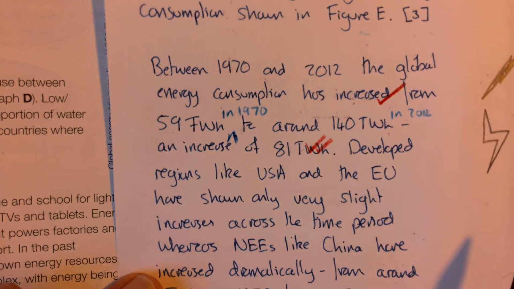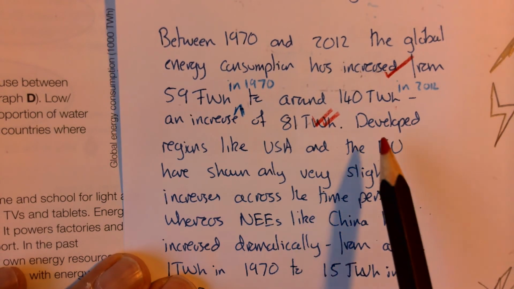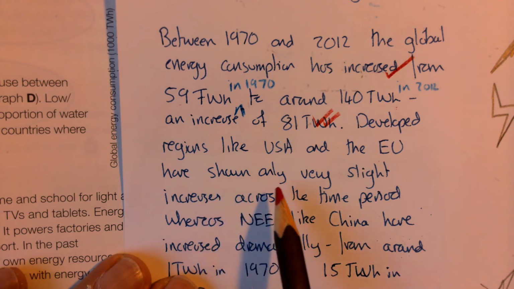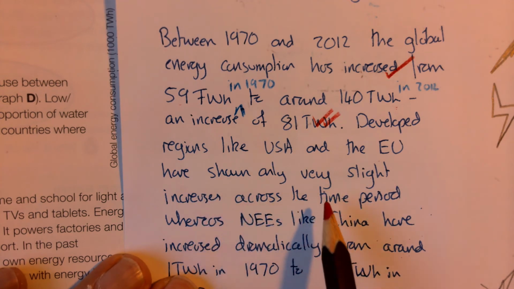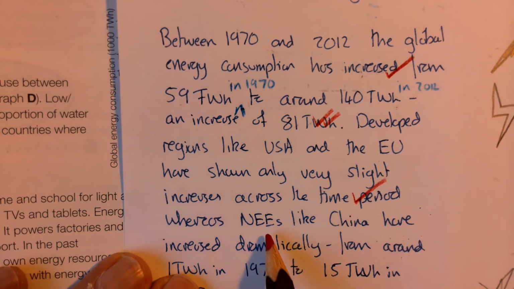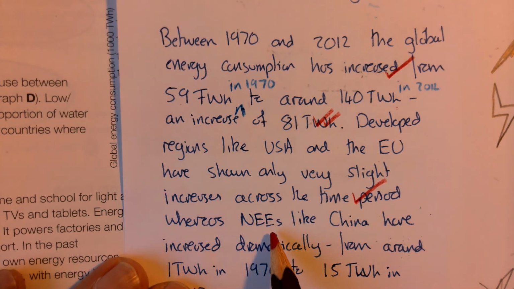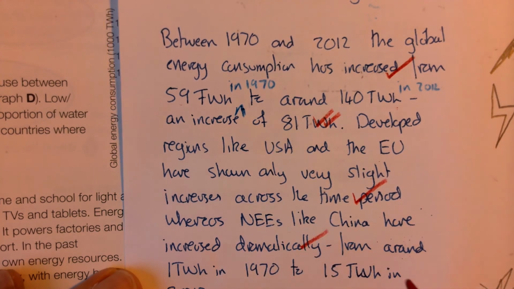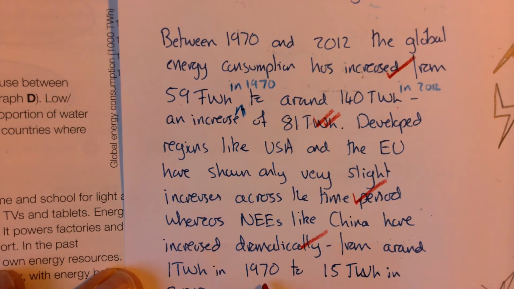So as you can see, I have said developed regions like the USA and the EU have shown only very slight increases across the time period. That is a mark. Whereas NEEs, that's newly emerging economies like China, have increased dramatically. There's another mark. From around 1 terawatt hour in 1970 to 15 terawatt hours in 2012, and another mark.